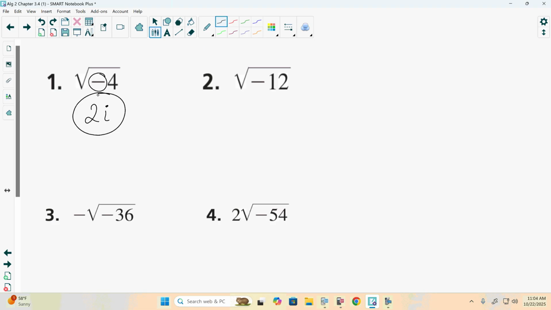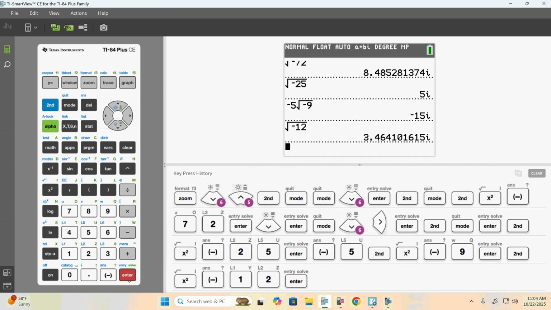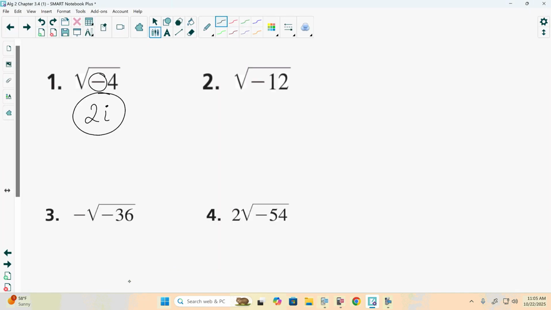Now, this can be helpful, especially if we look at 2 square root of negative 12. One of the two, the 30Xs, will not take the square root of negative 12 because it's an imaginary number. The graphing calculator will not simplify the square root of negative 12. But we know that this negative is going to do what?